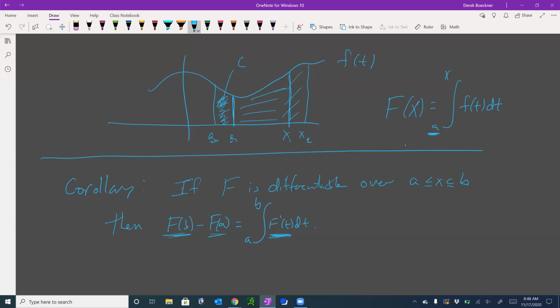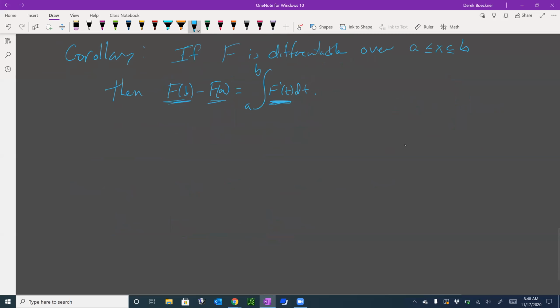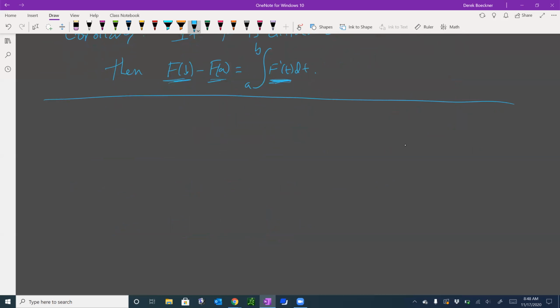Any last big boxes in here? Sort of a note or a warning. Integration gives the total signed area.